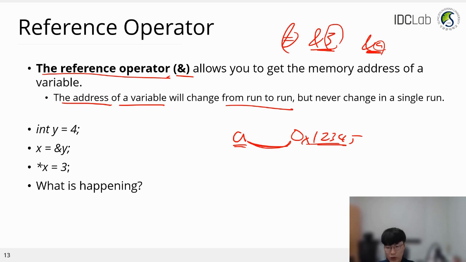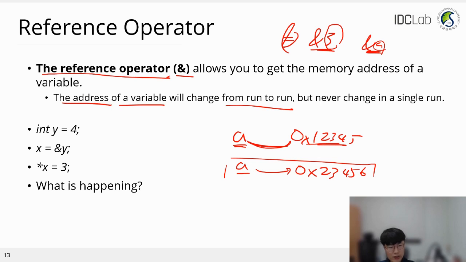If you run the same program again, maybe the name can be allocated to different memory space like 23456, but still in a single run, this association doesn't change.